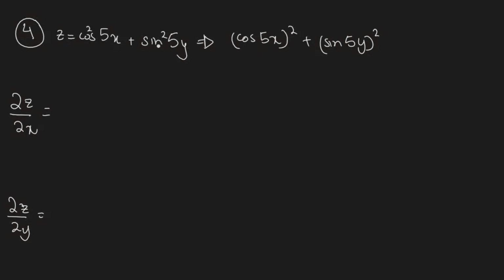Since it's a cosine squared, you can write it as cosine of 5x, all squared. If you write it like this or this, it's the same thing. So if you're having difficulty finding whether it's a chain rule or not, the first step is to write it like this. Now you can see that this is a chain rule, since it's a function to the squared, and a function to the square is a chain rule, okay?